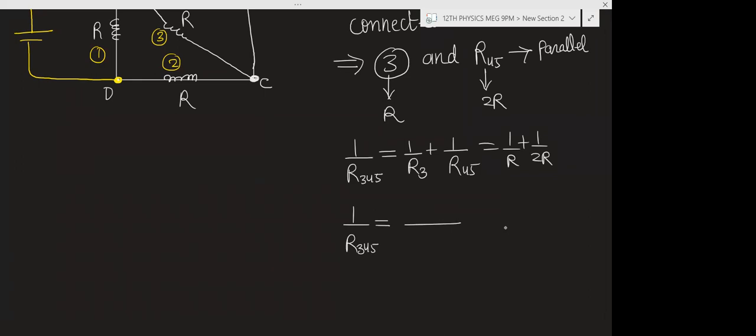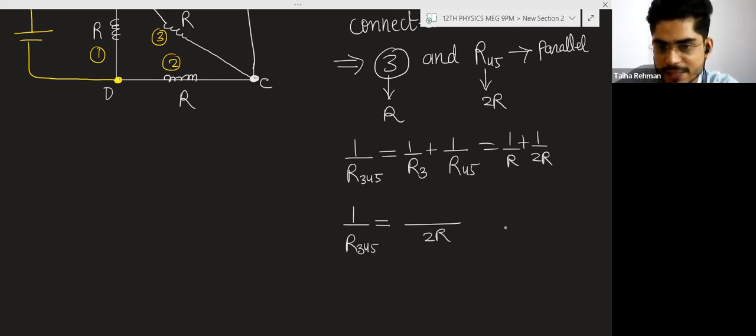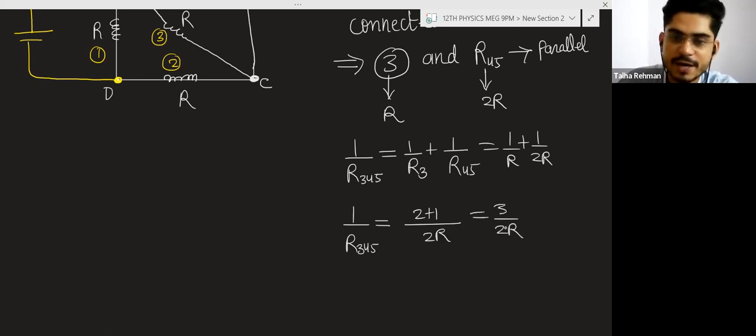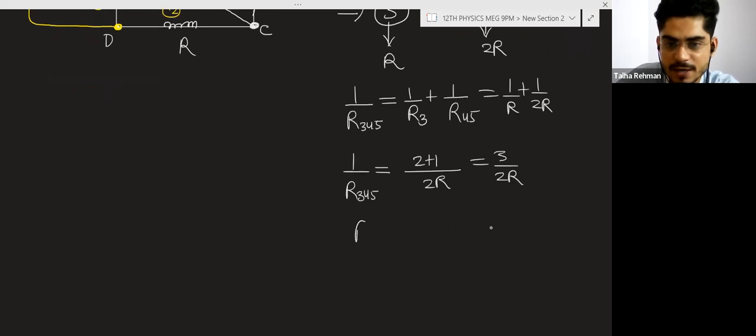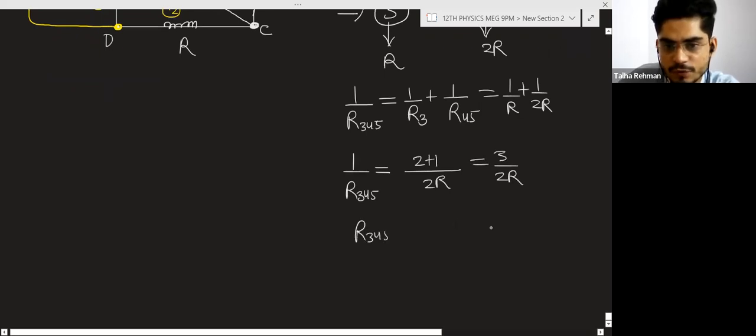So it will be 3 by 2R. Yeah, very good. Take 2R LCM, here 2, here 1. You will get 3 divided by 2R. And if you want to find R345, then you will get the reciprocal of this, means 2 by 3R.